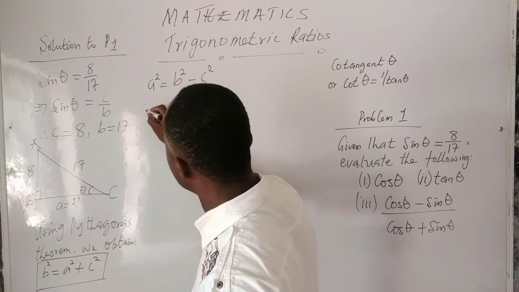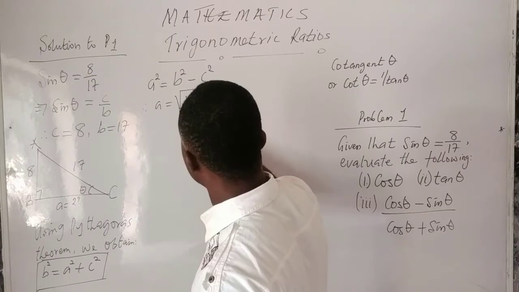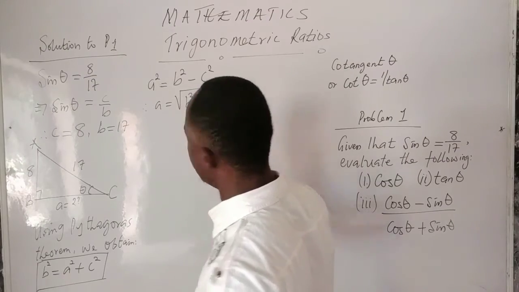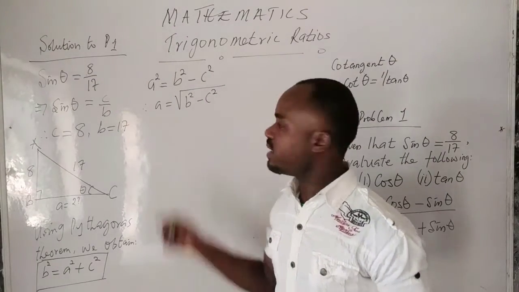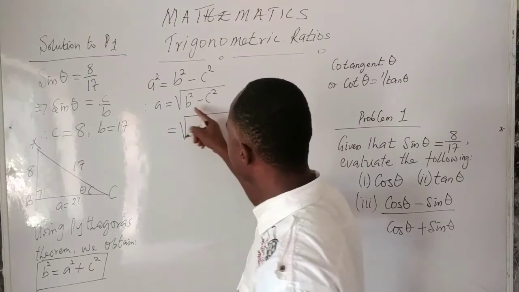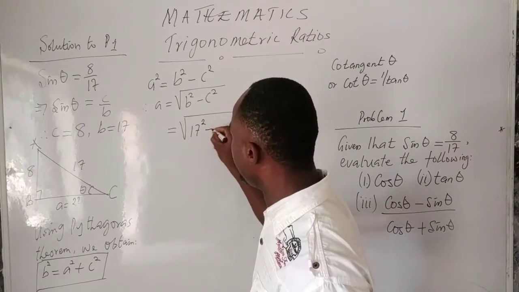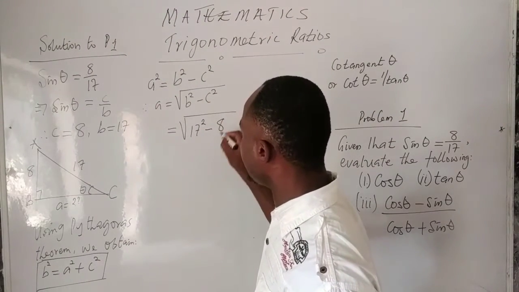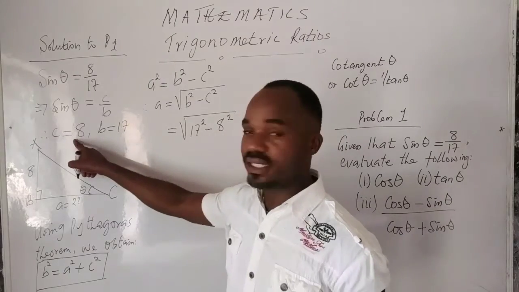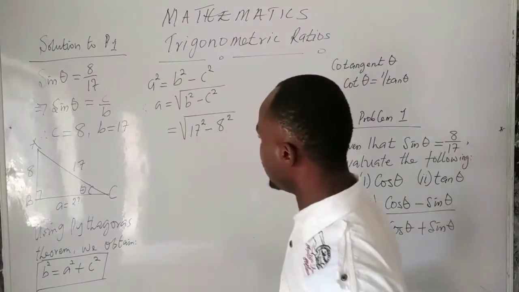Further, we have therefore A is equal to root B squared minus C squared. This is the formula we are going to apply now. We substitute accordingly. In place of B, we substitute 17 and then square it. In place of C, we substitute 8 and then square it. You can see C is 8, then B is 17 in value.